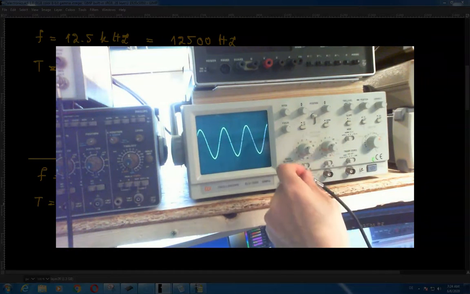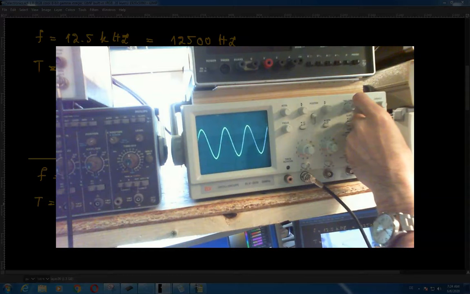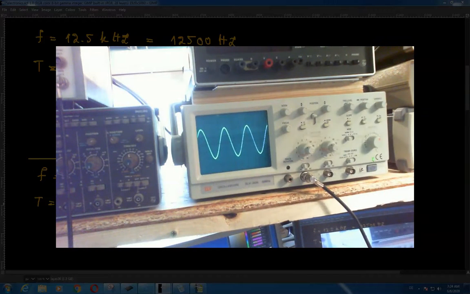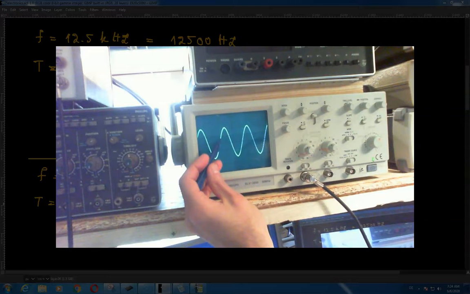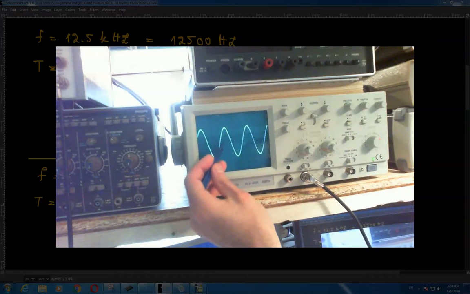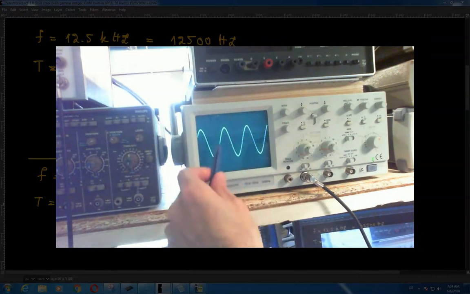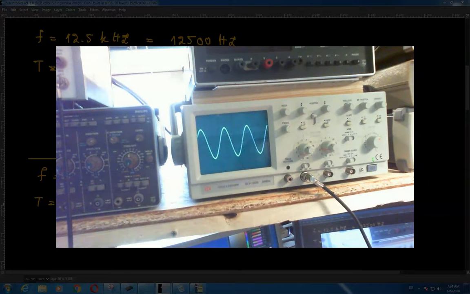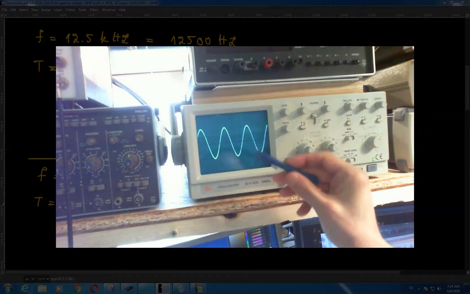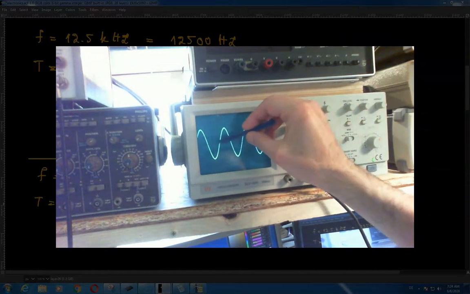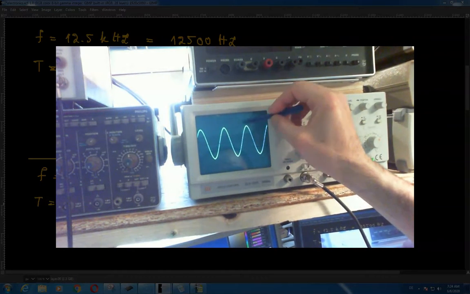If I want to read this, I reposition this a little bit so that the signal goes exactly through the intersection between these lines, so that I can exactly see what's going on here. You can see that the signal at this point is going upwards, and at this point again is going upwards.